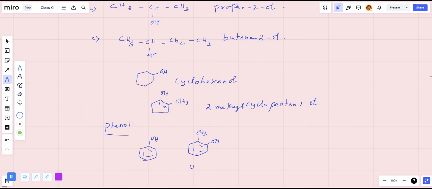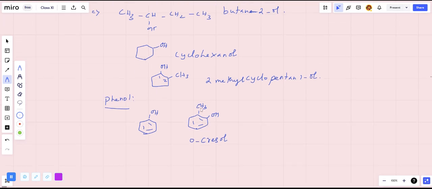So this is orthocresol, which is actually the common name. If you want to write the IUPAC name, 2-methyl phenol. This one is 3-methyl phenol, or metacresol.